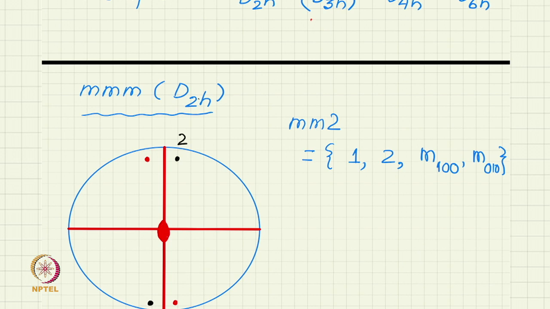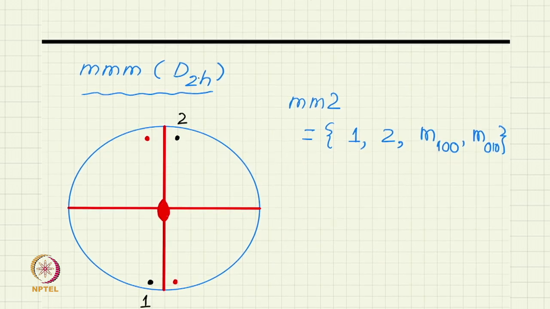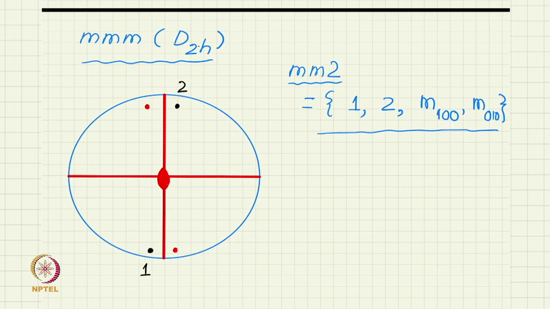MMM, in which case we want to place both parallel and perpendicular mirrors to a 2-fold axis. Since we have already placed mirror parallel to the 2-fold axis to get the group MM2, let us begin with the group MM2, which is a group of order 4, has 2 operations of type 1, 1 and 2, and 2 operations of type 2, which are the mirror operations corresponding to the 2 perpendicular mirror planes passing through the two-fold axis.